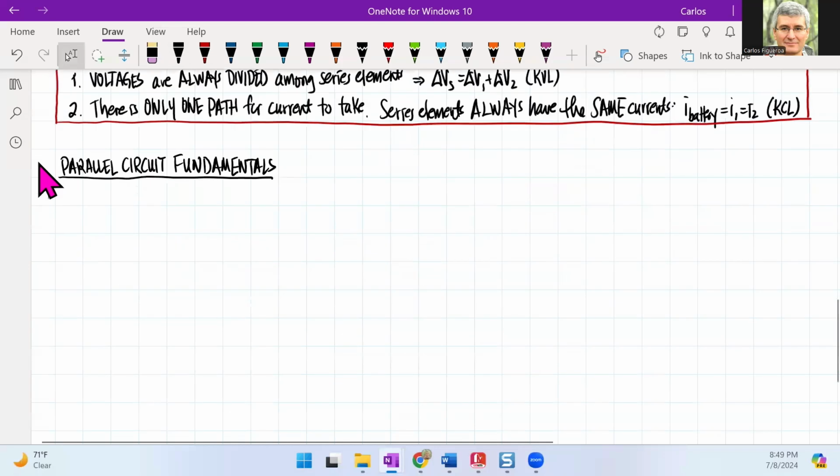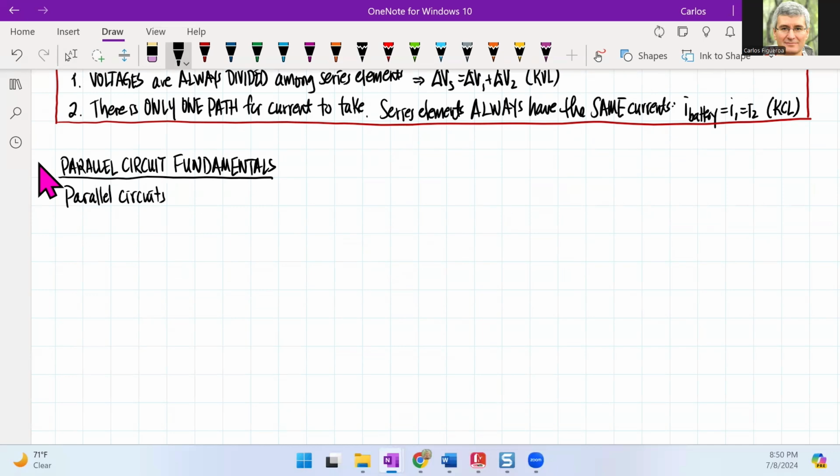Most people, if they're going to have trouble with either series or parallel, it's going to be with parallel. Parallel circuits can take on different looks.